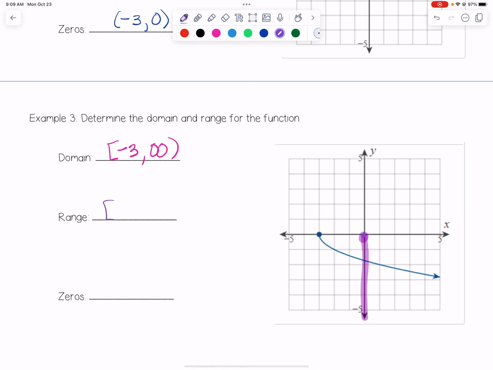So we include 0, and now we go to negative infinity, okay? The zeros in this are also going to be the point that sits on the x-axis. So we will have the point -3, 0.